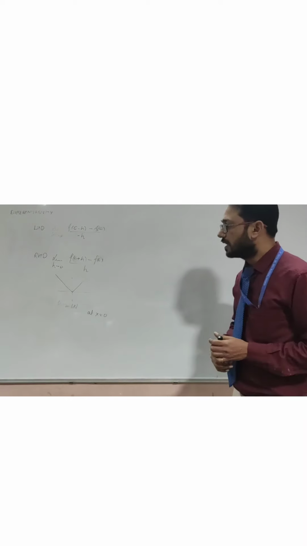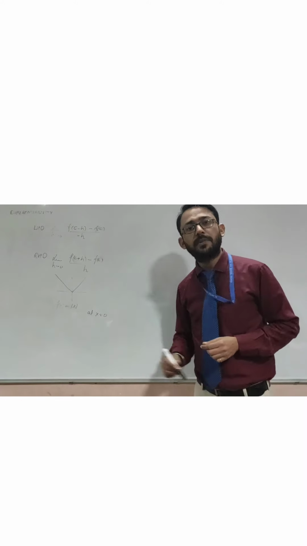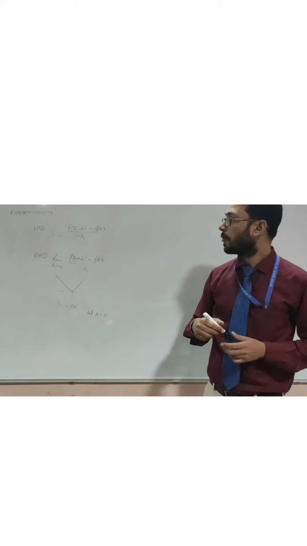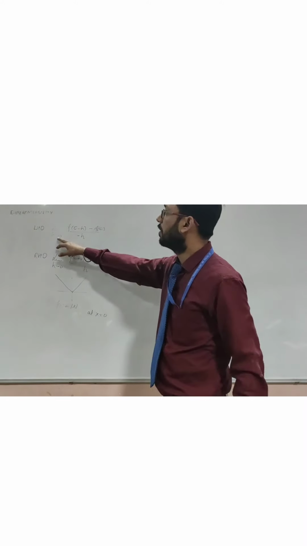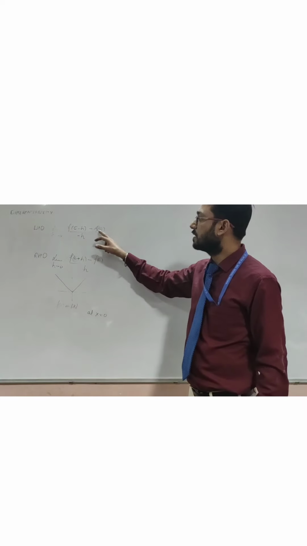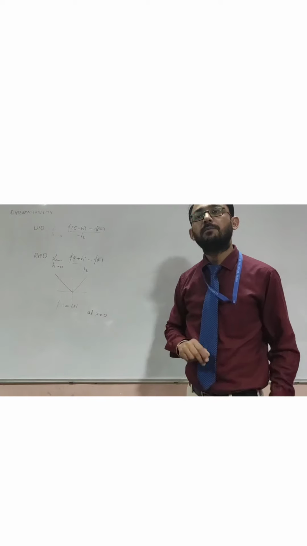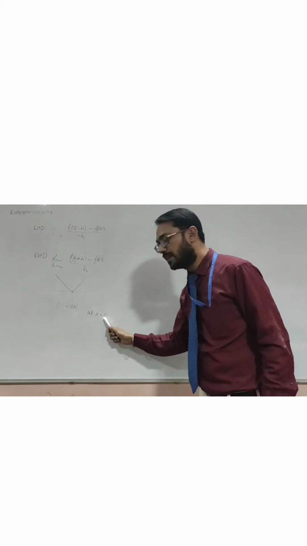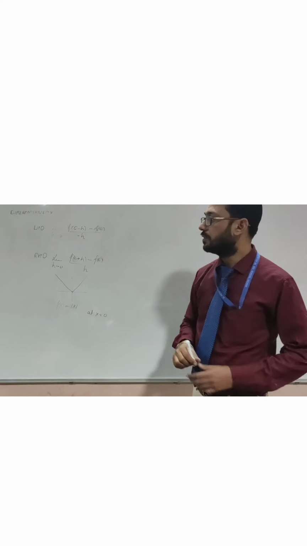Now when it is not differentiable at this point, let us check mathematically whether it is true. We have been given the left hand derivative: limit of h tends to 0, f(c minus h) minus f(c) whole upon minus h. c is given as 0. At 0 we are going to check.